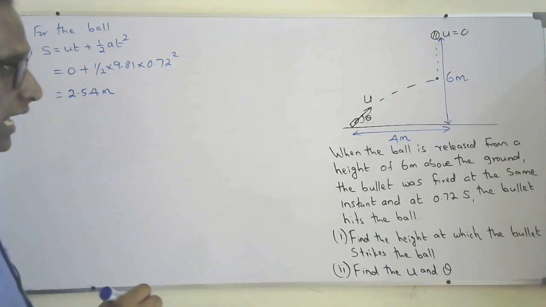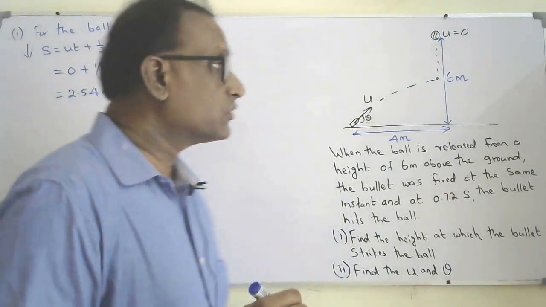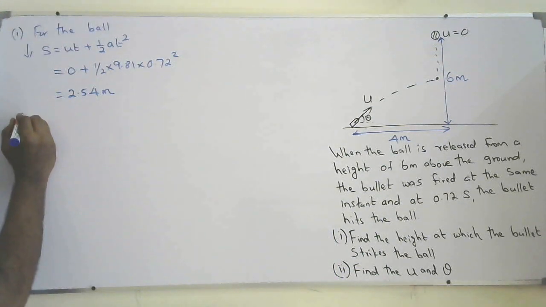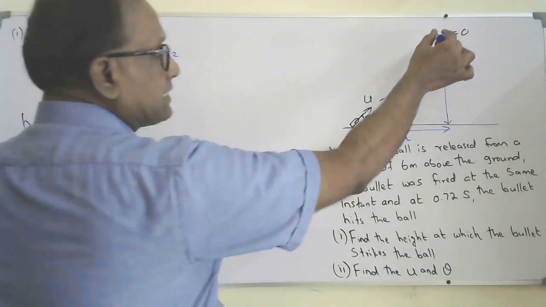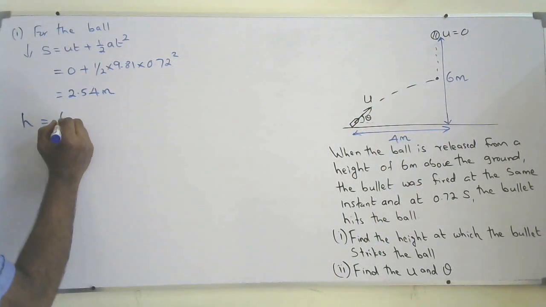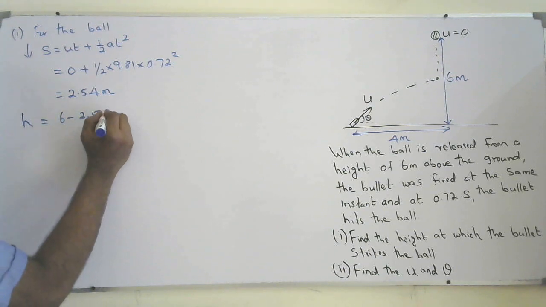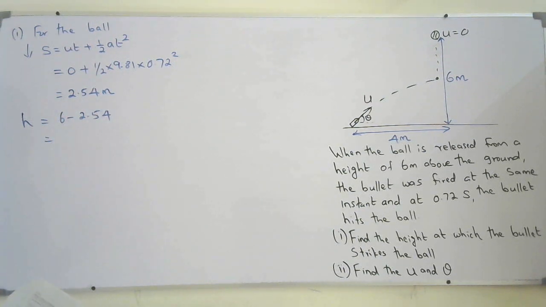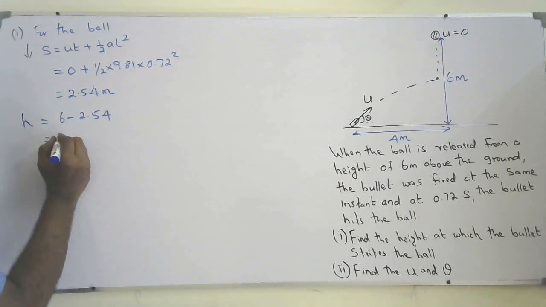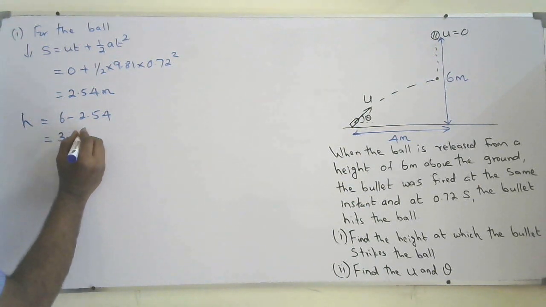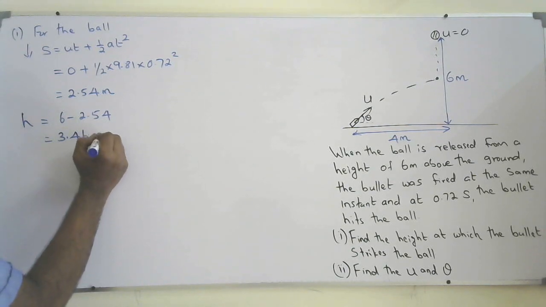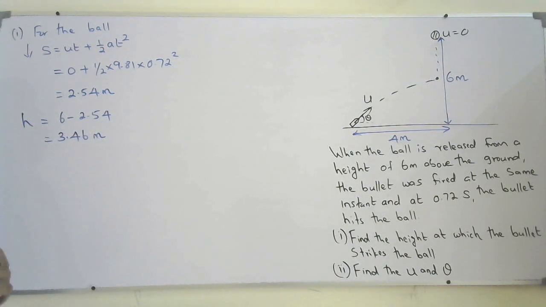The height at which the bullet strikes the ball, h, is 6 minus 2.54, which is equal to 3.46 meters. So that's the height at which the bullet strikes the ball.